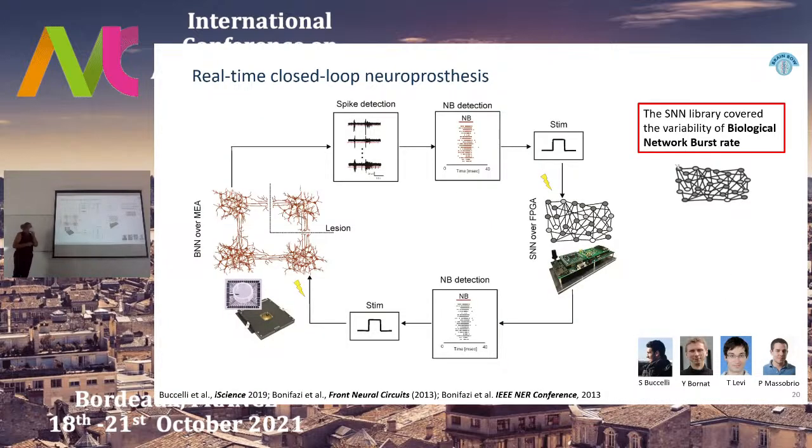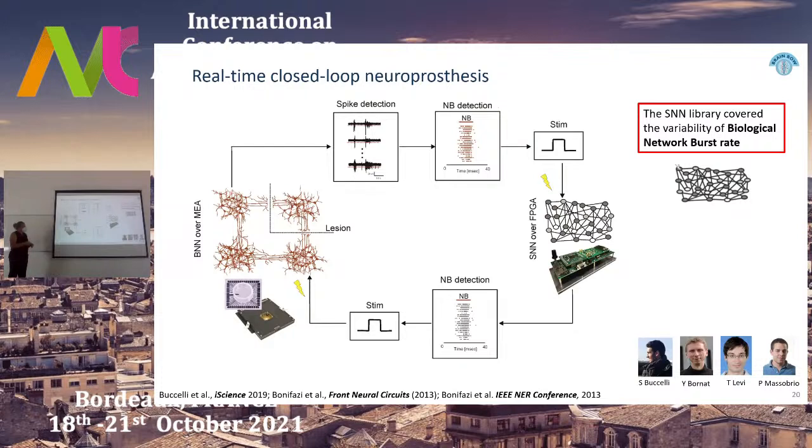And this is the work of Yannick and Timothée, in which they designed an entire all-hardware closed-loop system in order to perform real-time processing of the data that are coming from the biological culture, by performing real-time spike detection and real-time identification of the pattern that is called the network burst, which is a peculiar feature of our culture, and this is the one that is used as a trigger for stimulation.